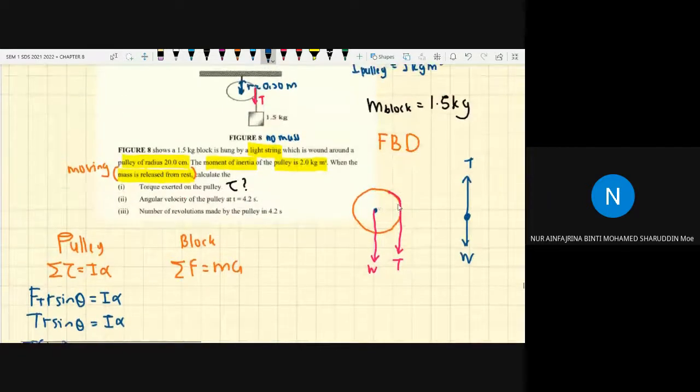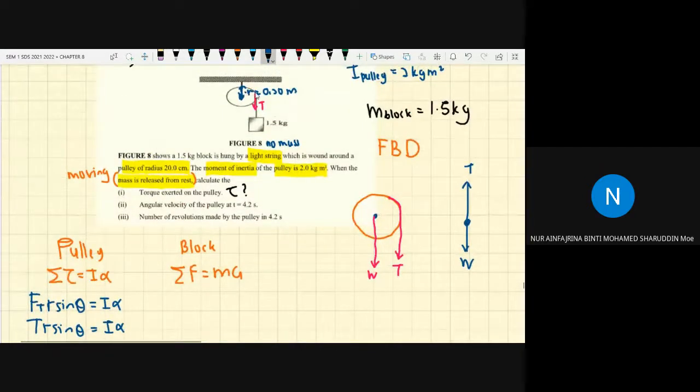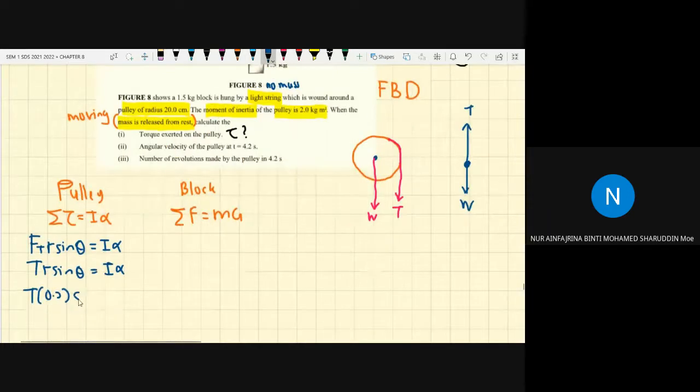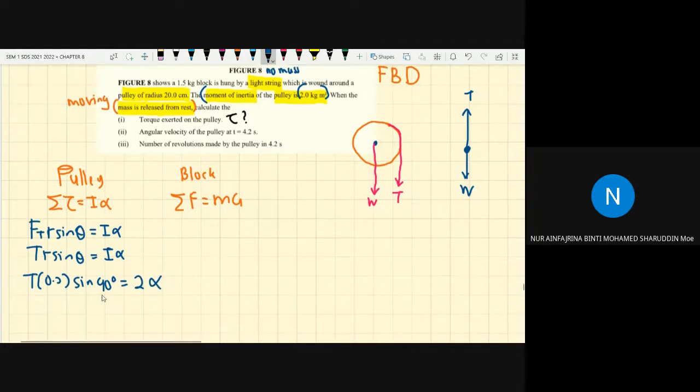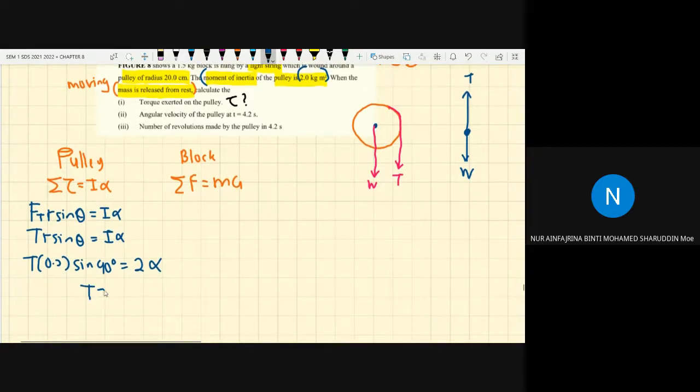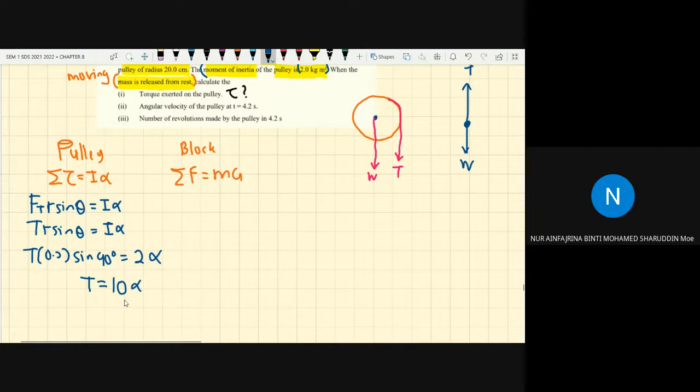Dan kita tahu radius dia ni 90 degree dengan distance dia, jadi dia adalah sin 90 degree. Moment of inertia of the pulley kita tahu tak? 2, very good. Angular acceleration kita tak tahu. Let it be. Bila you buat equation ni, you akan dapat tension equals to 10 darab dengan angular acceleration. Ataupun you boleh susun equation you, dapatlah angular acceleration equals 1/10 T. So, this is your first equation.